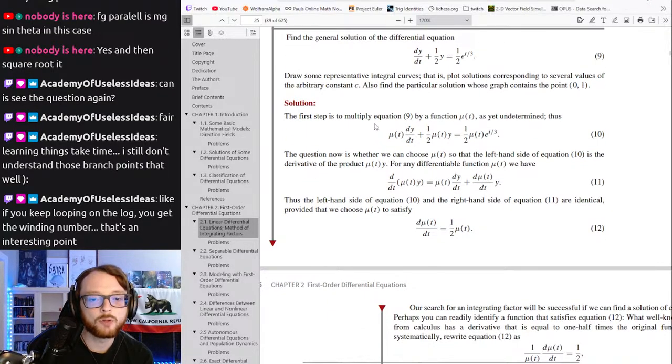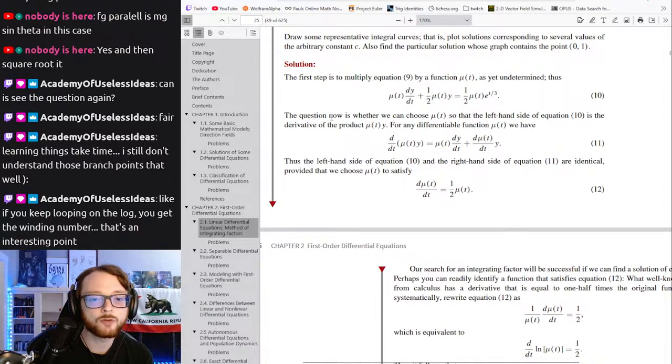A function mu as yet undetermined. The question is now whether we can choose mu of t so that the left-hand side is the derivative of the product mu of t times y.